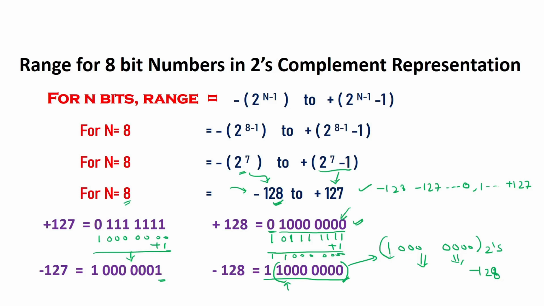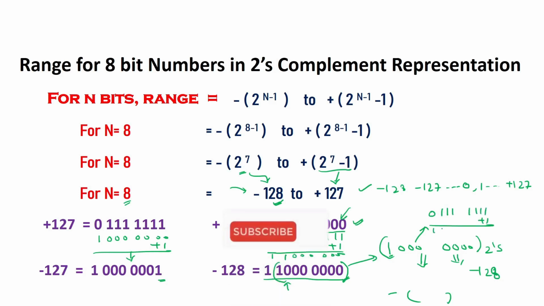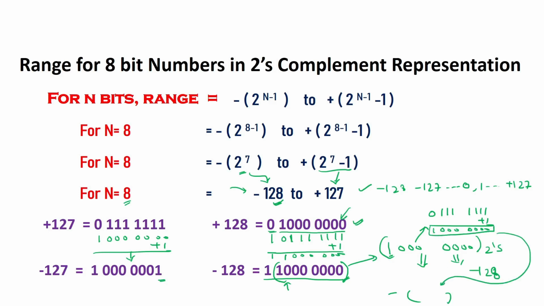Let's see how. This leading 1 is telling me that this is a negative number. Now to get the decimal number, I flip the bits, so this will be this one, and then I add 1, so I again get this one. Now I take all these bits as the magnitude. So these bits, from 1 followed by all 7 zeros, are actually 128 in decimal.